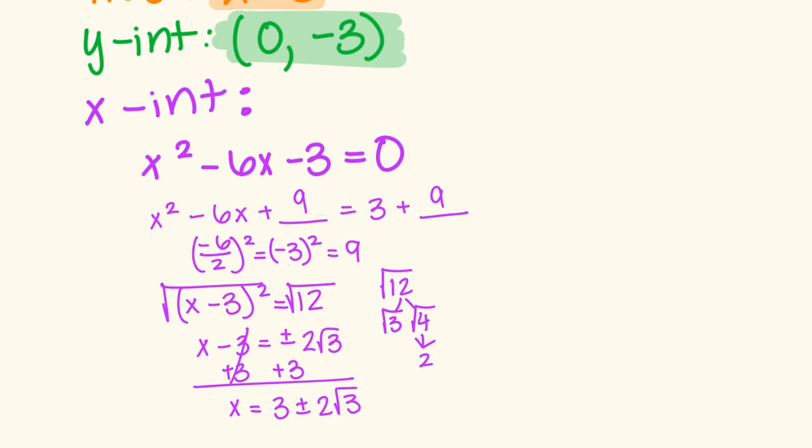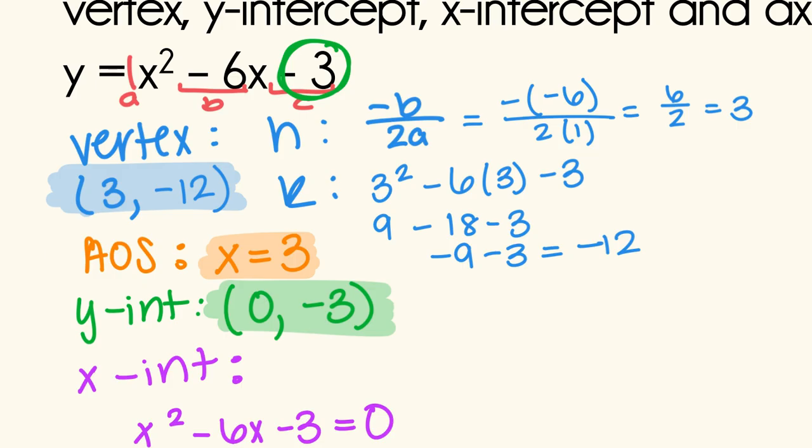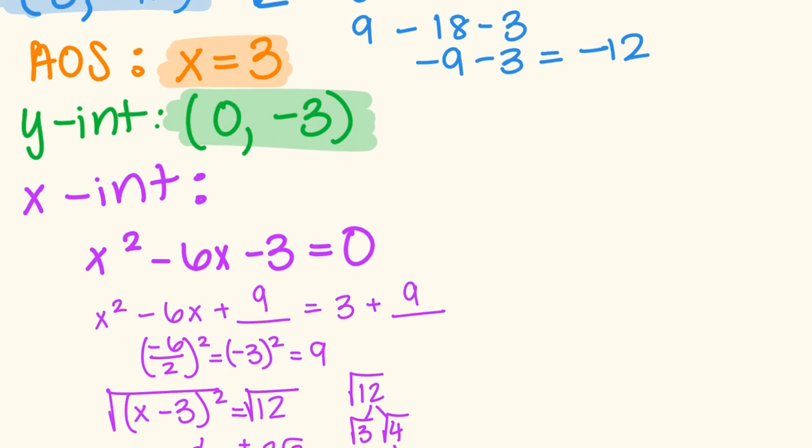How do you use the quadratic formula for this one? So for this one, you are plugging in what you have. We're still using what we wrote up here. So quadratic formula, a is 1, b is negative 6, c is negative 3. So you're still using the same values we had before.